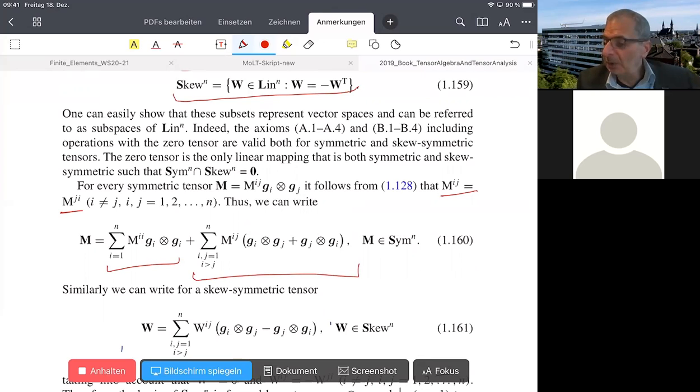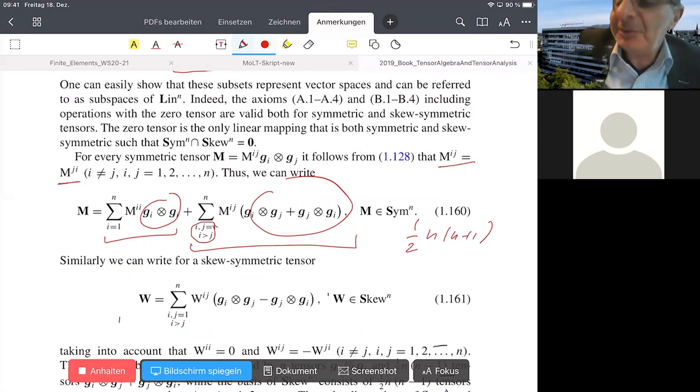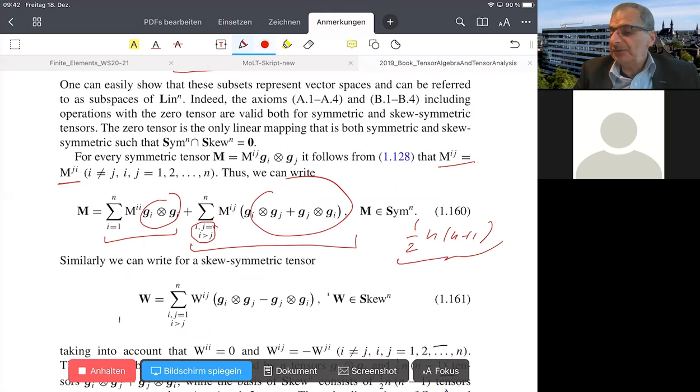And here it is below, you see this summation, which means that these are basis tensors, and we count altogether one half n times n plus 1 of these tensors which form a basis of symmetric tensors, which means that this is the dimension of the subspace of symmetric tensors.